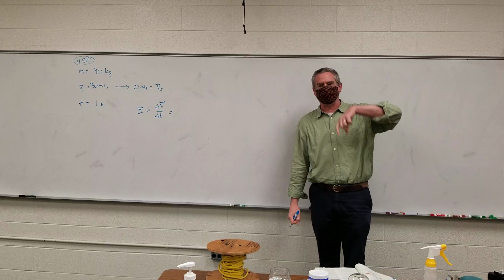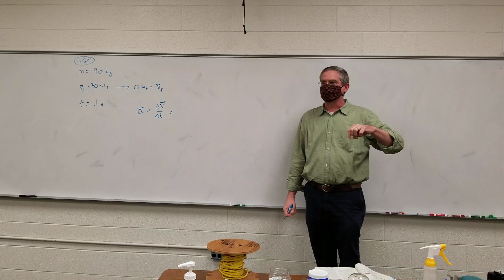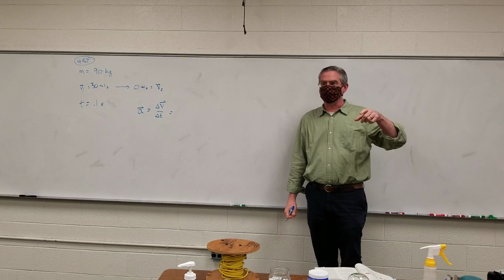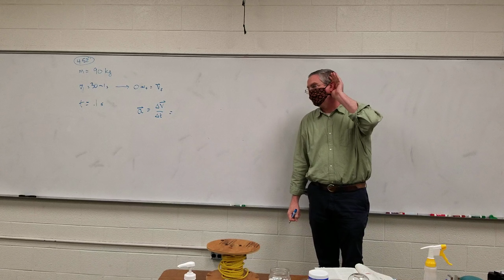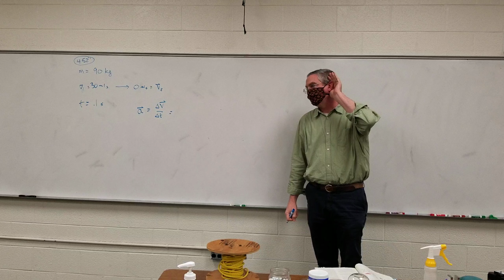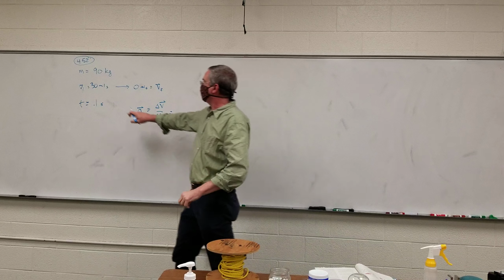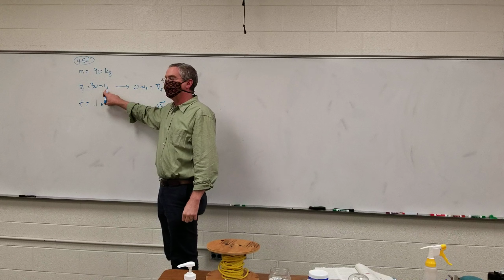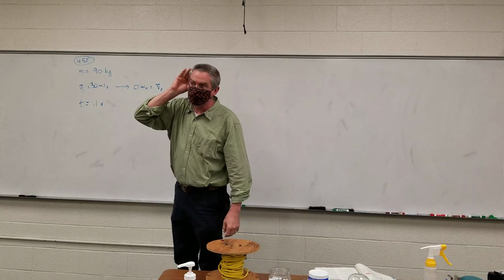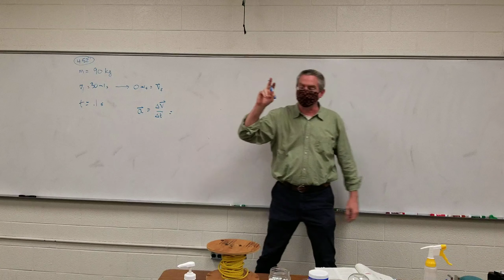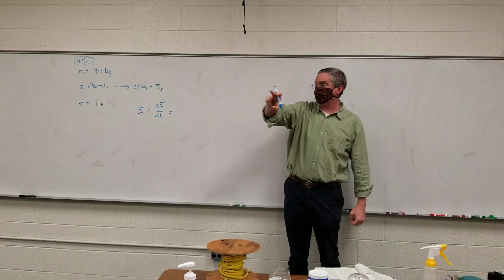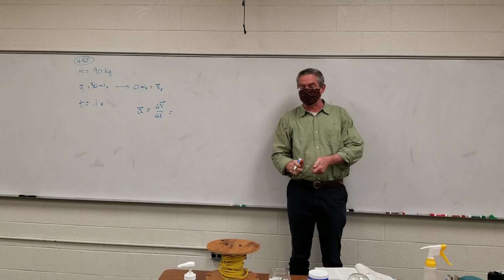Oh, you skipped a step. What's the change in velocity? 30 meters per second, is that what you're going for? You're looking for that? Almost that. Change in velocity is not 30.